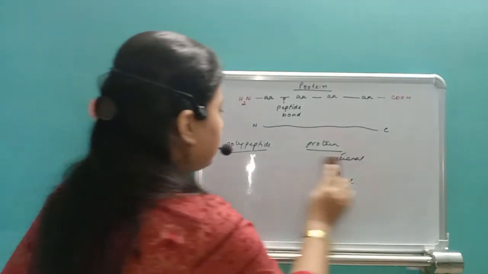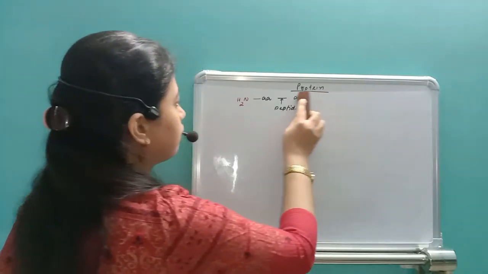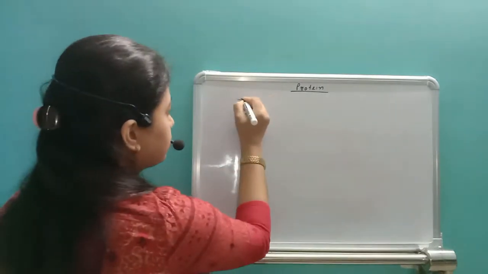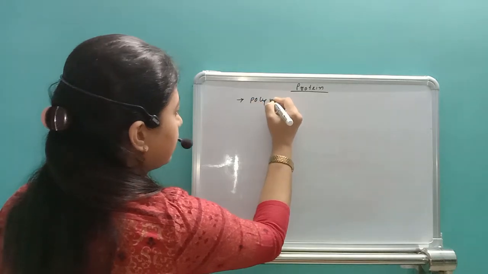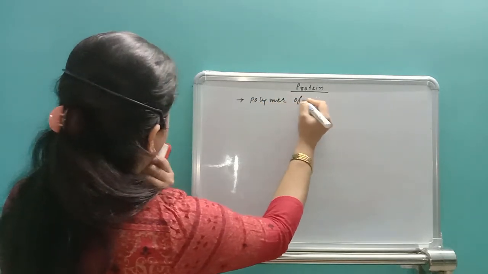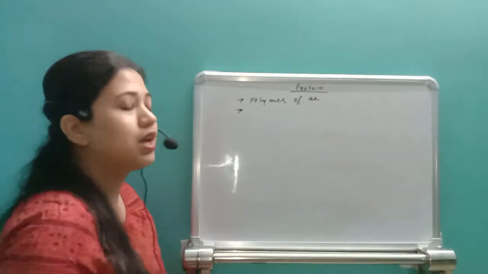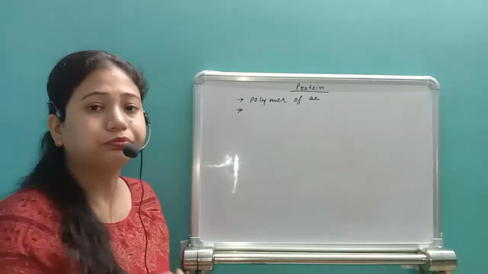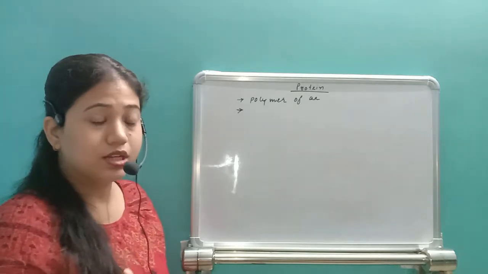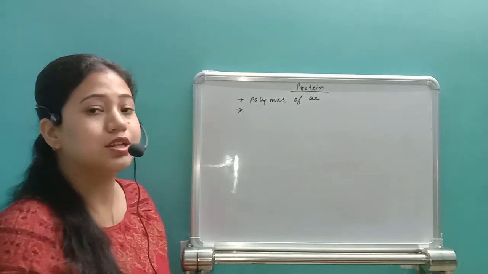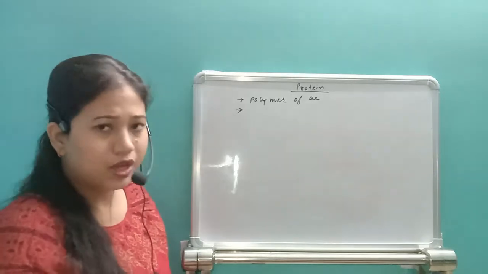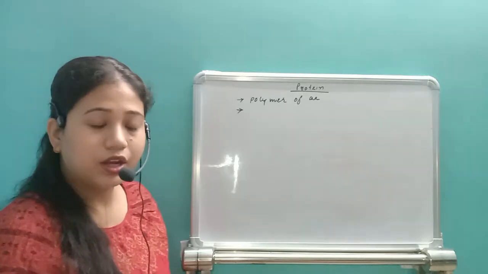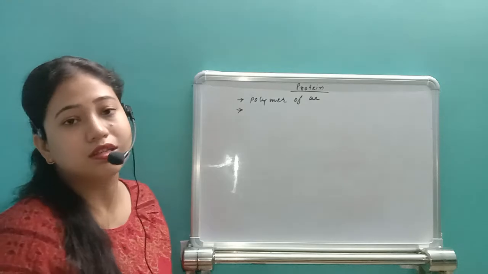After that, let us see the characteristics of proteins. What are proteins actually? Proteins are the polymers of amino acid. Second thing, we have already studied the acid soluble and acid insoluble parts. In the acid insoluble part, we have seen only three types of polymers: one is the polysaccharide, then the nucleic acid, and the third one is the protein.